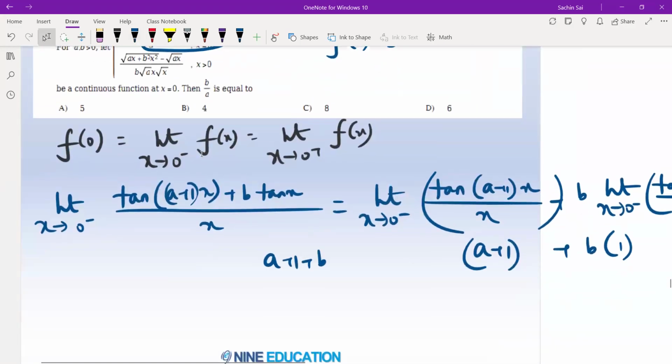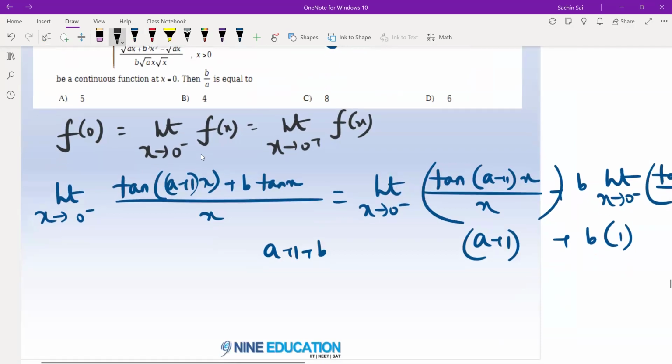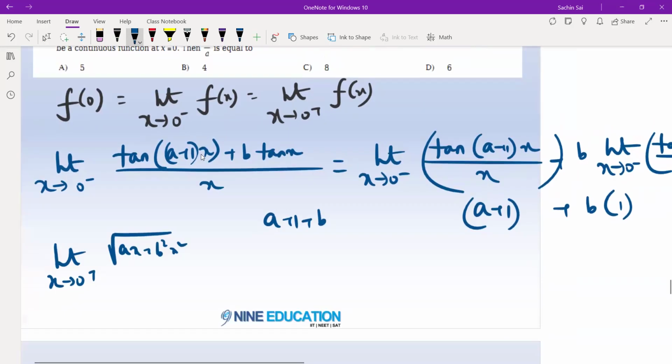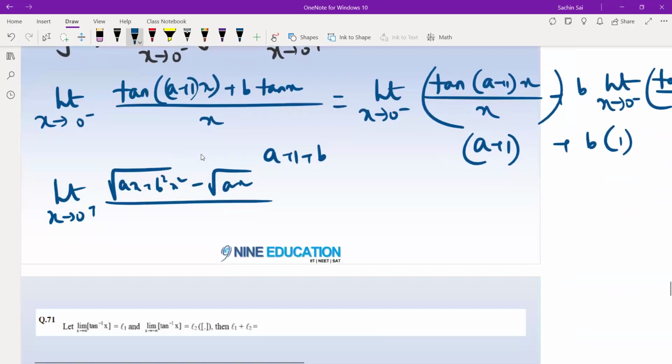Now the right limit. Again, I think you can just rationalize the numerator, right? When you're taking the right limit, you have the limit as x tends to 0 plus of root of (ax plus b square x square) minus root ax, divided by b root a into x root x. Again, a limit of the form 0 by 0. Now, if you rationalize the numerator, what remains in the numerator?